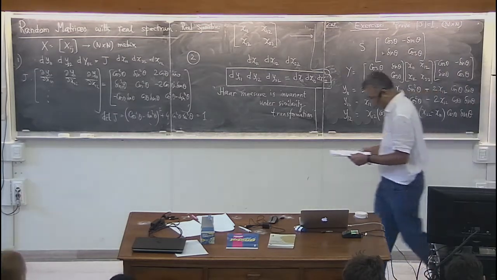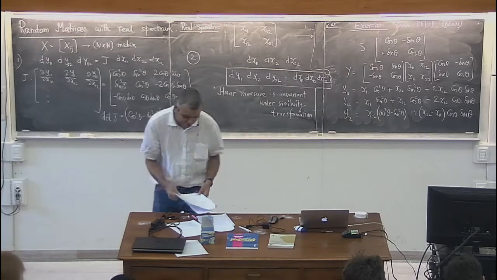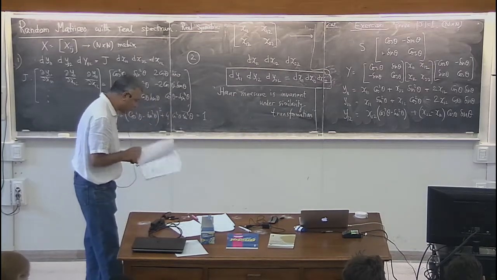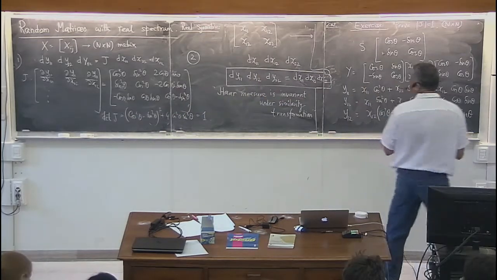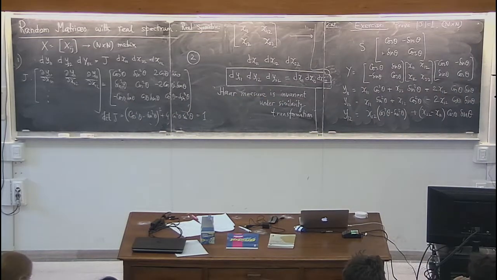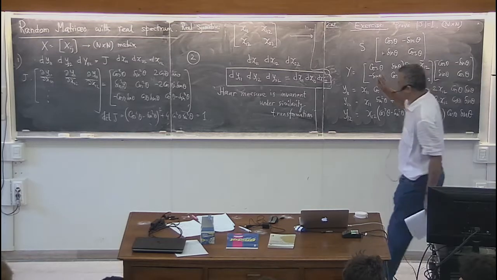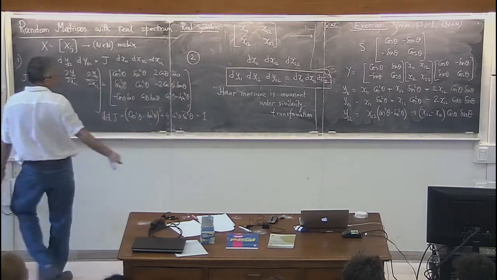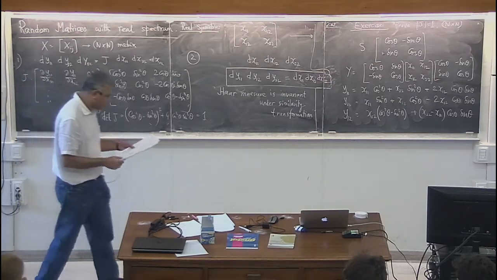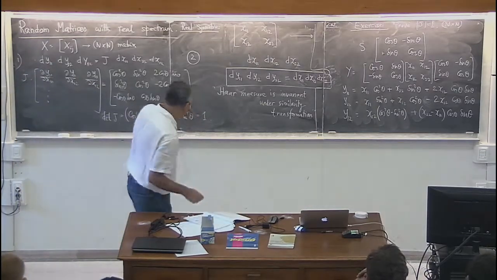Okay. It's not too difficult. You just have to think a little bit. But if you don't find it, then I'll do it. This is an important fact that we'll have to use later, that again, just under similarity transformation, the volume element doesn't change. Okay. That's the statement.